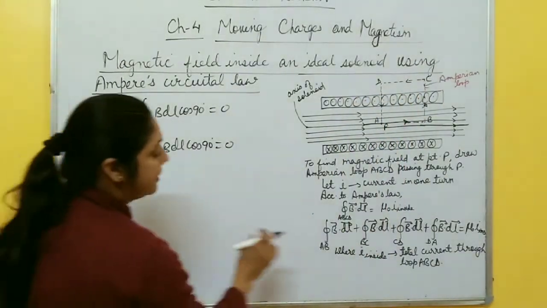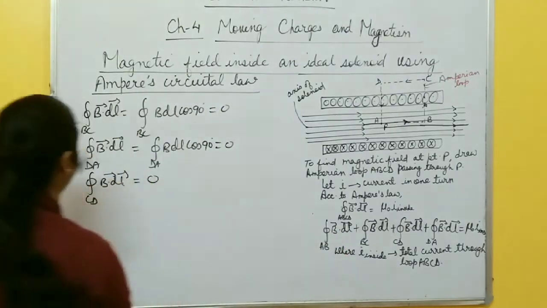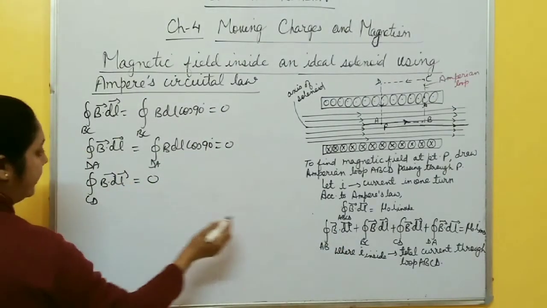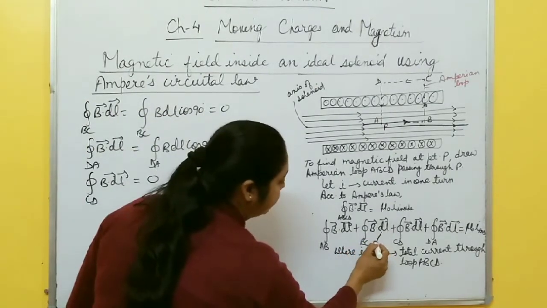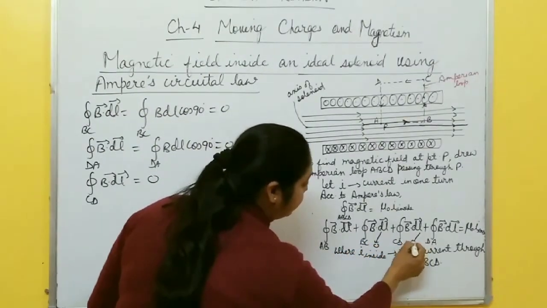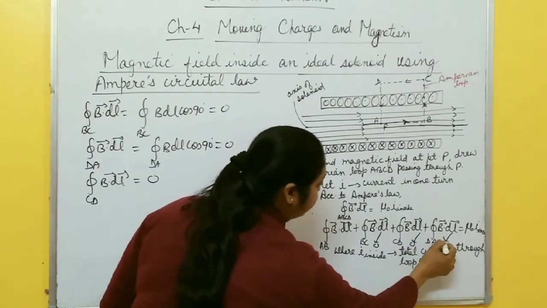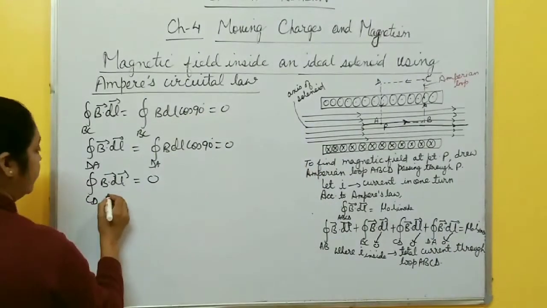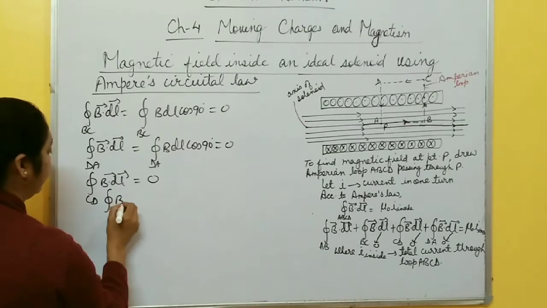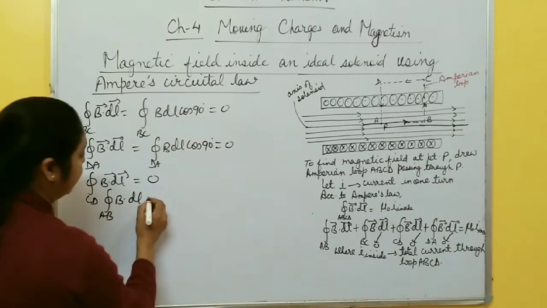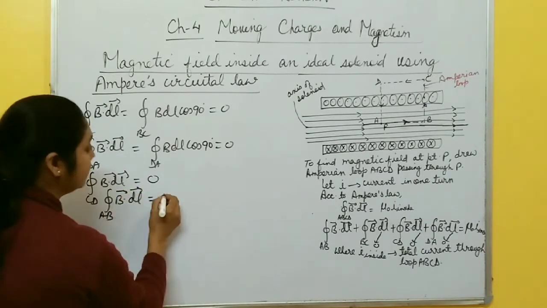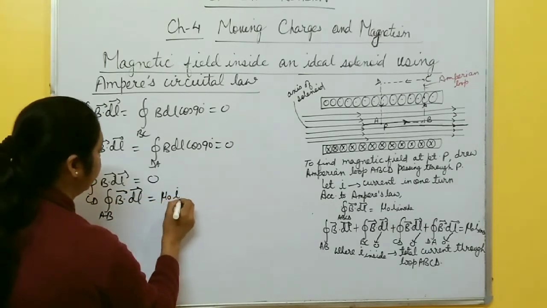Now one part is left, the magnetic field along AB. So the BC part becomes 0, the CD part becomes 0 and the DA part becomes 0. So the net integral of B dot dl, only the AB side is left, and this is equal to mu naught I inside.